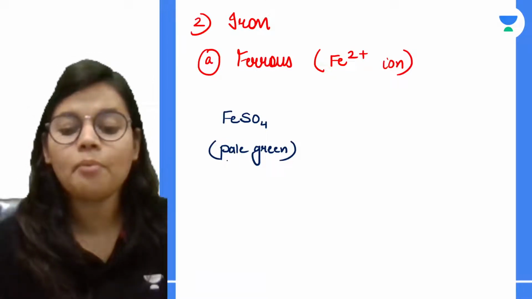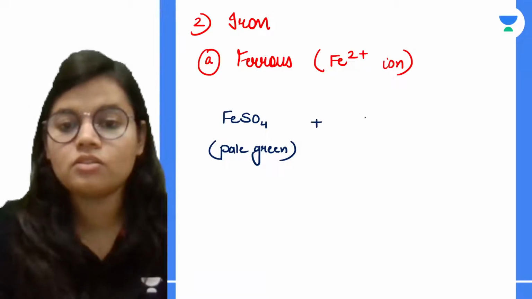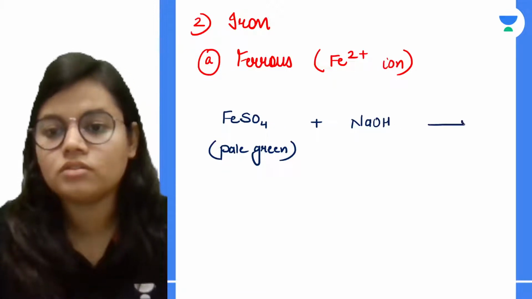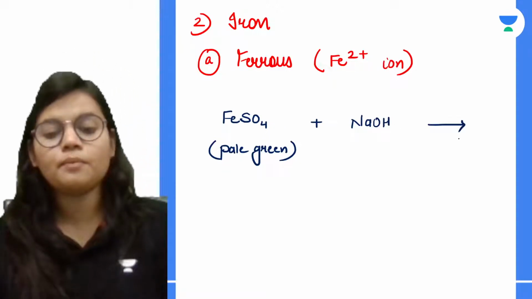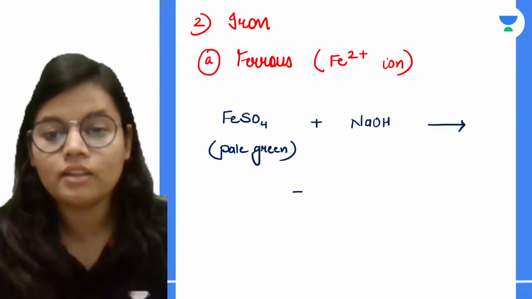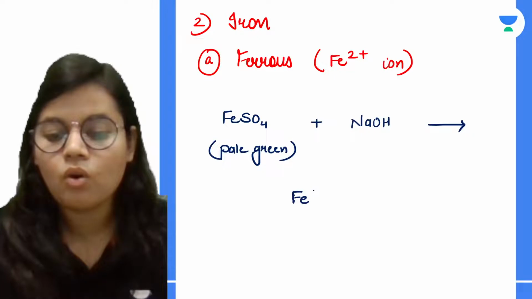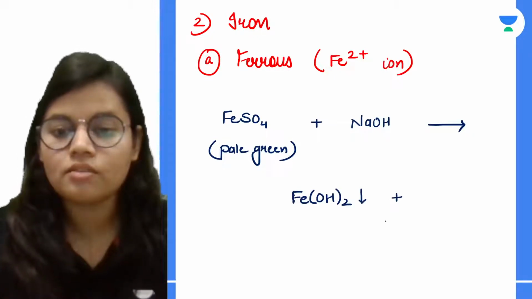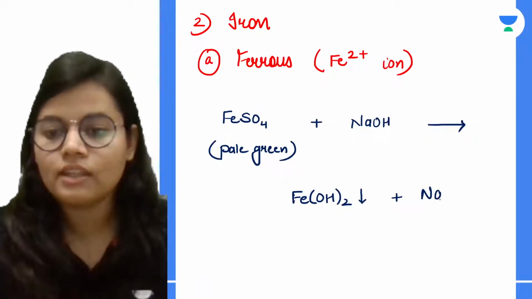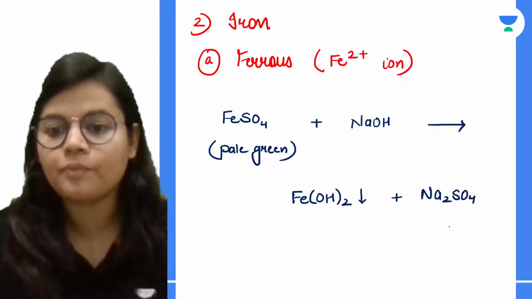Okay, and what would happen if it reacts with sodium hydroxide? Again, we would have a double displacement reaction. So we will get ferrous hydroxide, which is Fe(OH)2, plus sodium sulfate, that is Na2SO4.